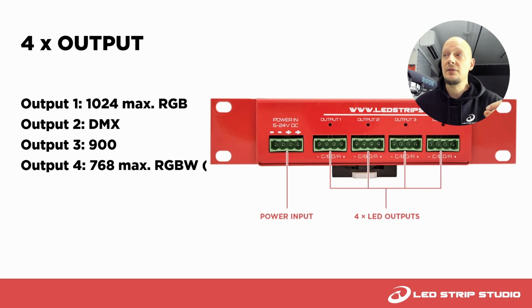A nice feature of the device is that you can also output DMX data, so you can connect your analog dimmers to the output and combine digital and analog strips. And as I mentioned, the maximum is 4096, so you can divide it however you want: 100 pixels for the first output, 700 for the second, and basically however you want.